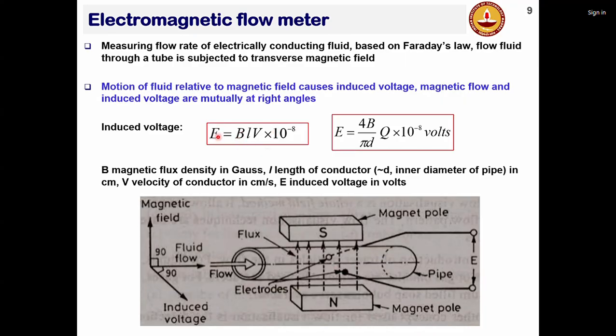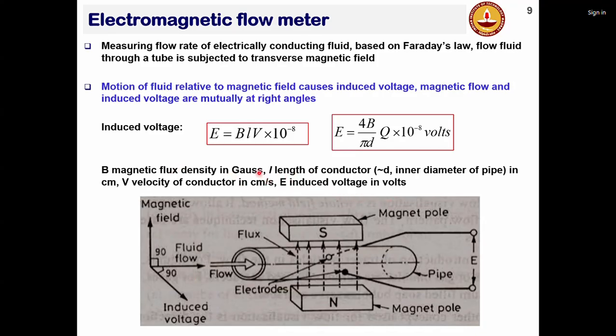The induced voltage is basically the product of the magnetic field density, B, whose unit is Gauss, and L, the length of this fluid layer, which is taken as the inner diameter of the pipe, and V, the velocity of the liquid flowing through the tube, in units of centimeter per second.